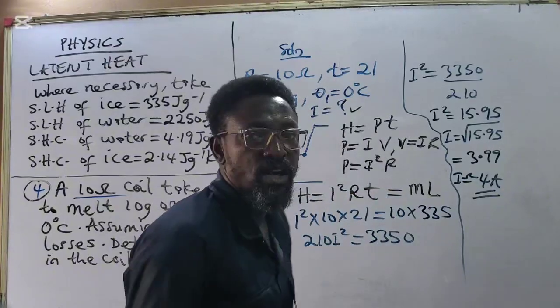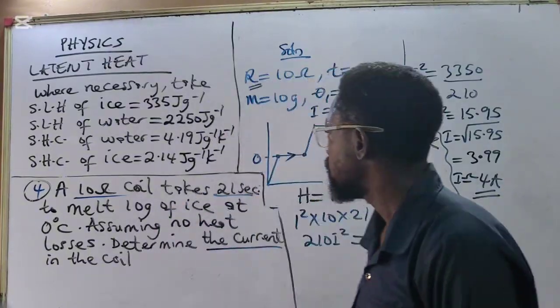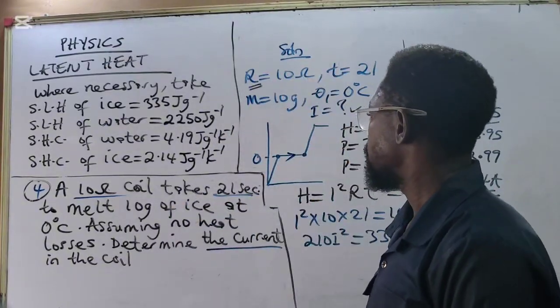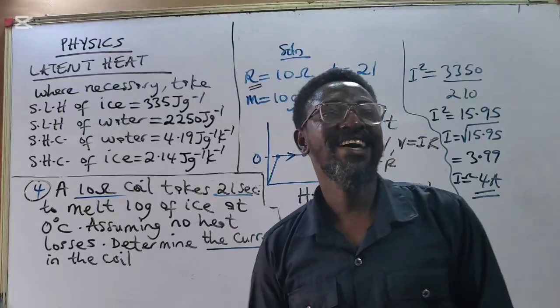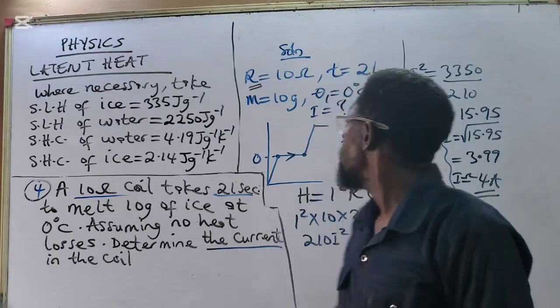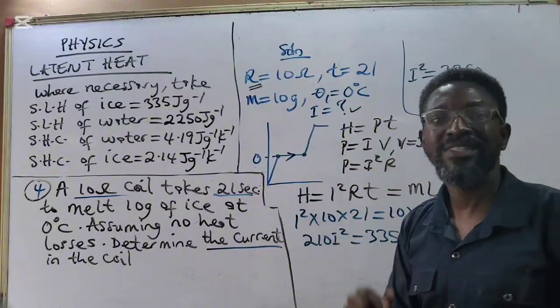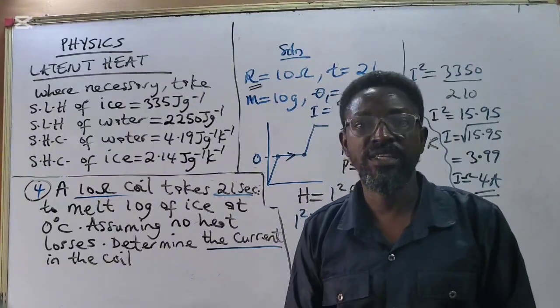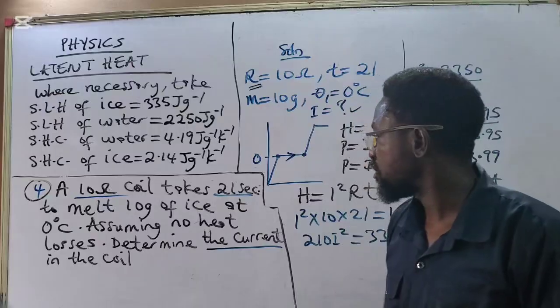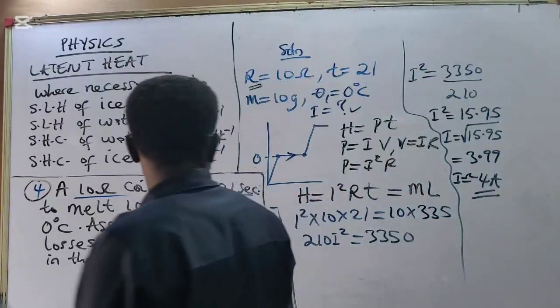That is the current that was required. So like I said, it's not something difficult. Part of what I did here, I also did in that topic where I was talking about the quantity of heat. So ensure you look at that topic, possibly after this one.